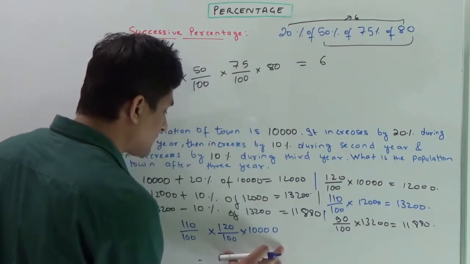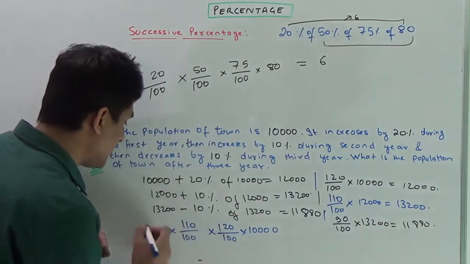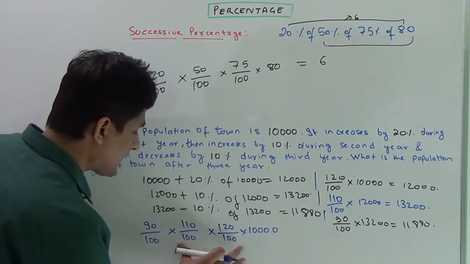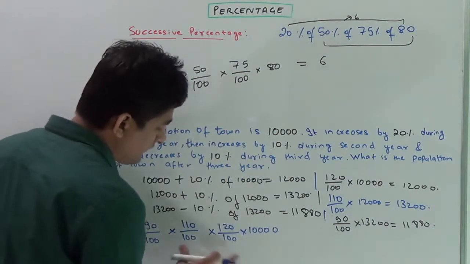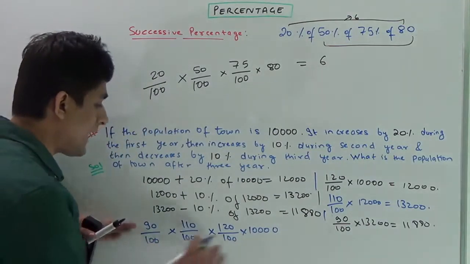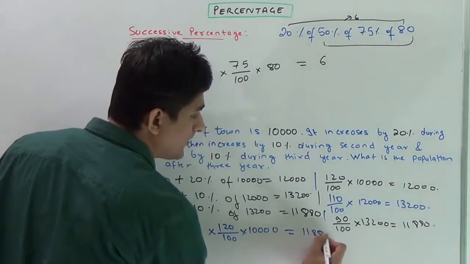Now I'll get some population here. Now again the population has decreased by 10%. That means it is now 90%. I'll get some population here, and this population will give the population at the starting of the third year, and this will give the population at the end of the third year. This whole equation will give the population at the end of the third year.